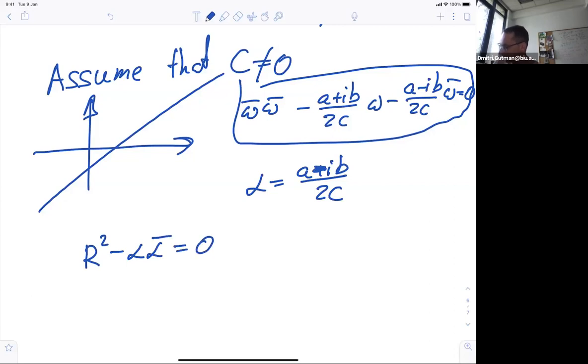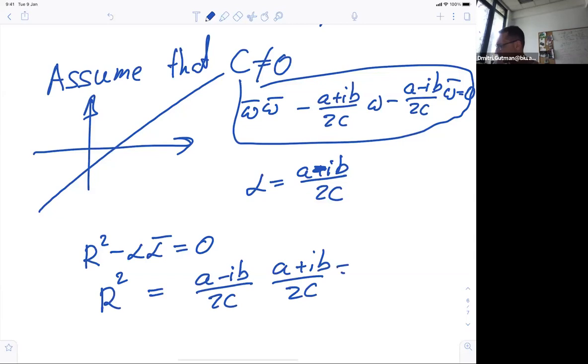It means that the radius of this circle on the w plane is actually the square root of (a minus ib) over 2c times (a plus ib) over 2c, which is equal to a square plus b square divided by 4c square.